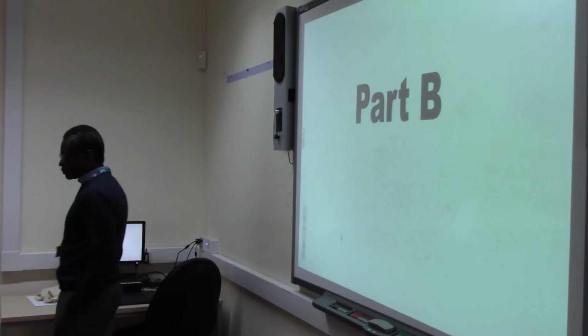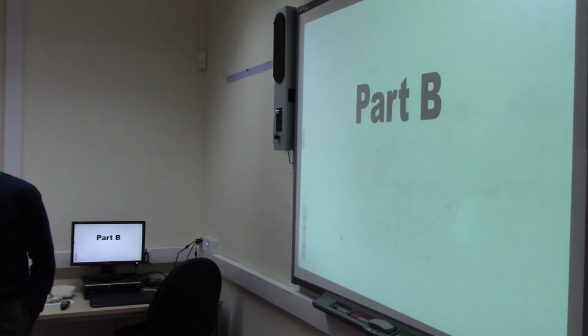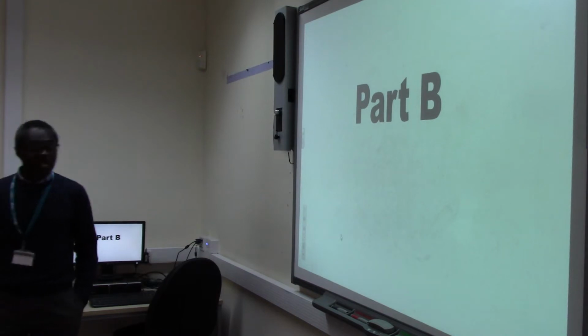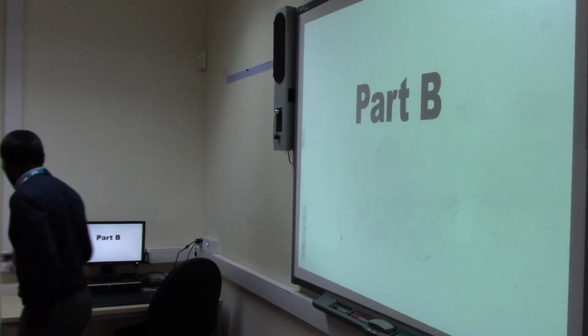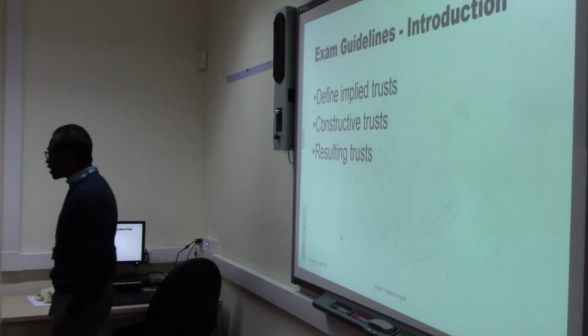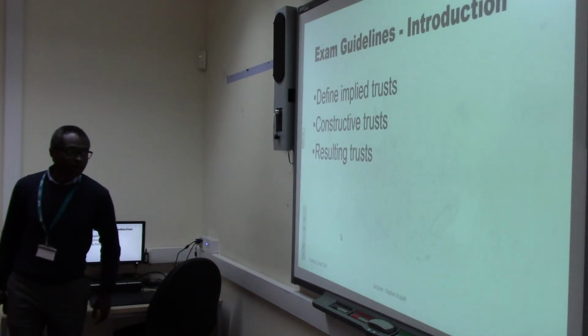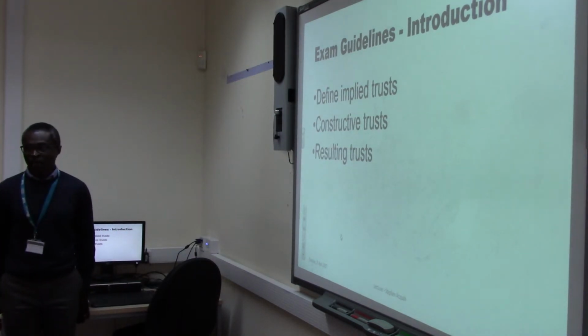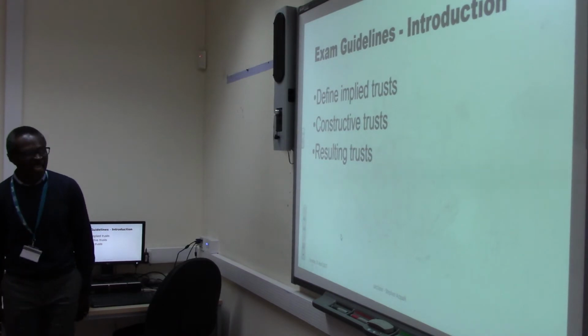So part B then, and that's, as I say, slightly shorter because that's the implied trust. You just have to talk about the two types of trust. So let's have a quick look then. Introduction, define implied trusts. And that's simply where someone acquires an interest in property.